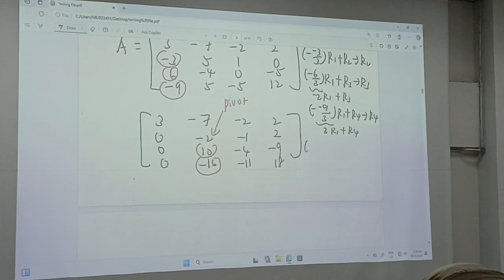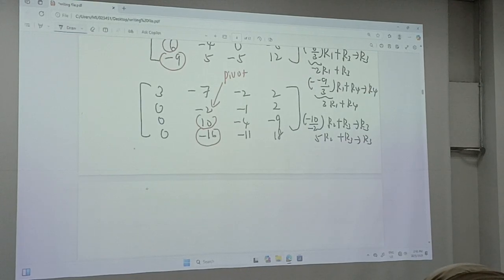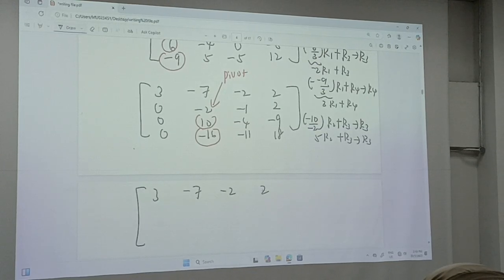Negative 10 over pivot negative 2, multiply with the pivot row R2 plus R3, produce a new R3. So we find R2 plus R3, produce a new R3. As a result, 10 will turn to 0.